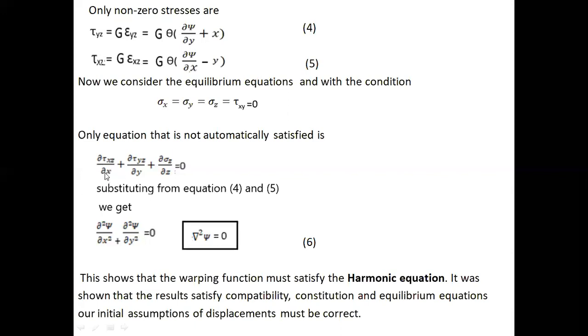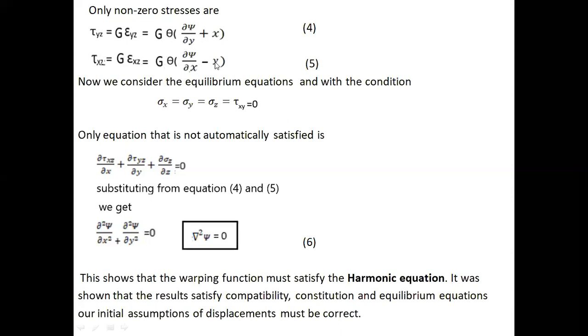So what we do is substitute the values of tau xz and tau yz and see what we get in the third equilibrium equation. For del tau xz by del x, you are differentiating equation 5 with respect to x, and you get G theta times del square psi by del x square minus del y by del x.